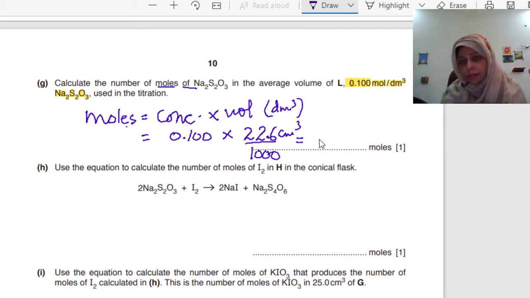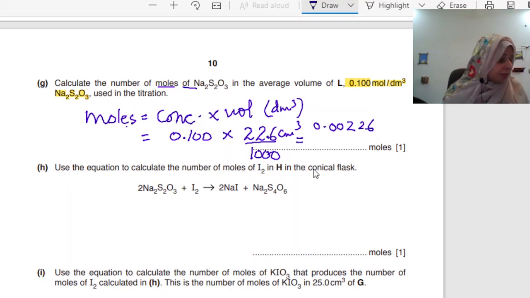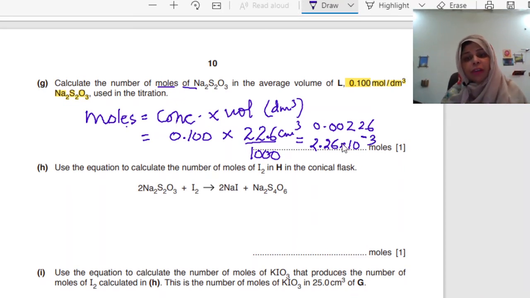The answer is 0.00226. We have to take the value to 3 significant figures. In different calculators you can get the answer like this: 2.26 multiplied by 10 raised to power minus 3. If we have a calculator where we can get the answer like this, we can write it like this.